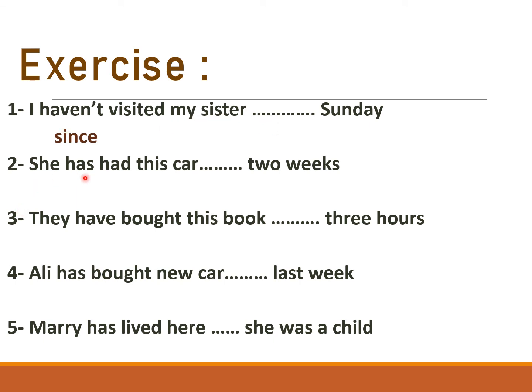Number 2. She has had this car for 2 weeks. Here we have a duration of time, so we use, bravo, for. They have bought this book for 3 hours. We don't know when the action started, so we use for.